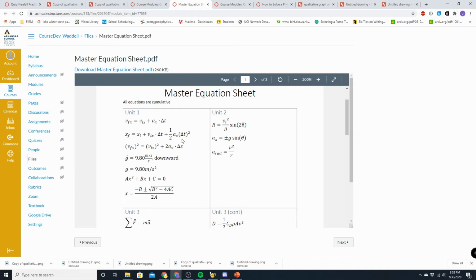It becomes easy to solve if VI is equal to 0 or AX is equal to 0. We don't have either of those this time. But, I mean, you've solved quadratic formulas before in your life, so we're just going to go ahead and do this.